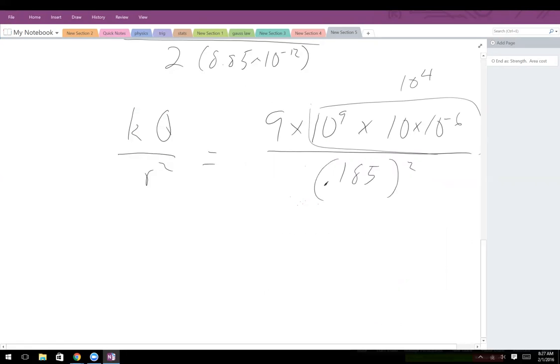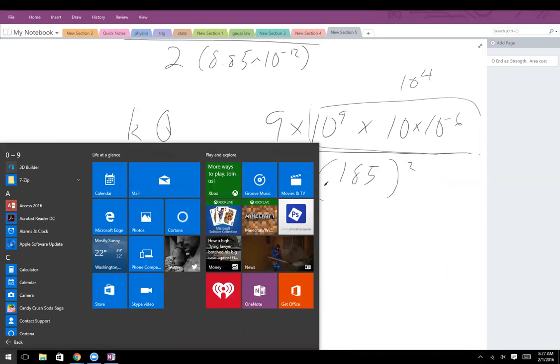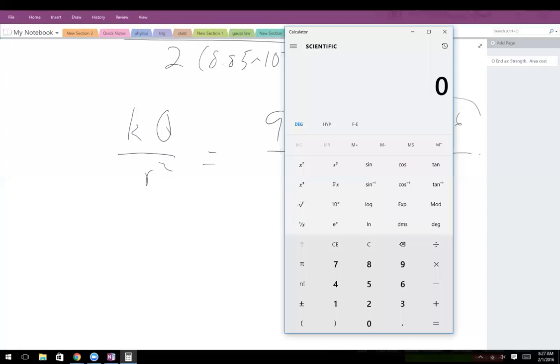My calculator got closed apparently. So 262 and then times 10 to the 4th would be 2.63 times 10 to the 6th.